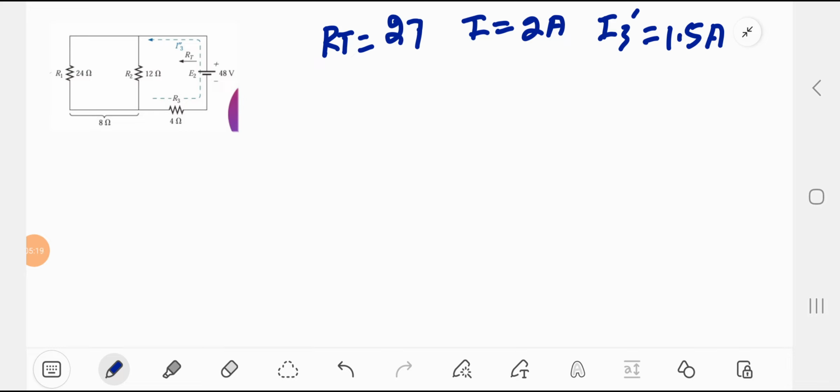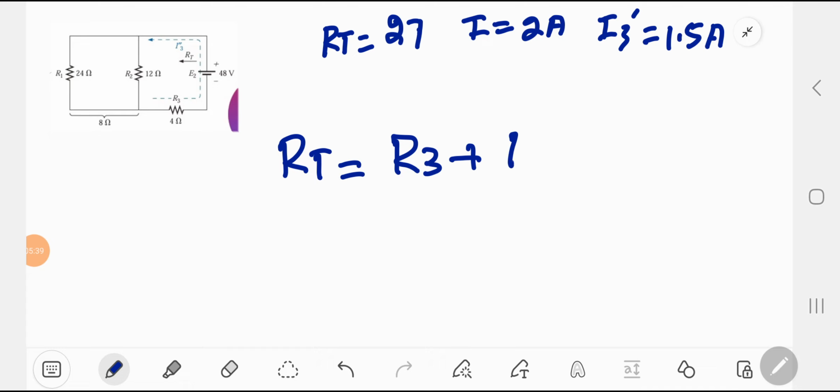Now if we look into the circuit, R1 and R2 are parallel, and in series with R3. So if we are going to find our total resistance, R3 plus R1 parallel to R2.